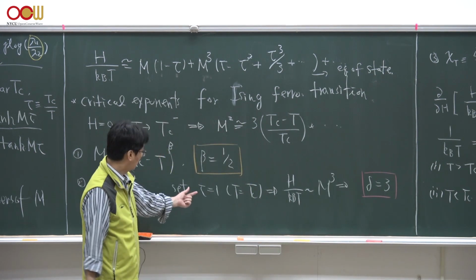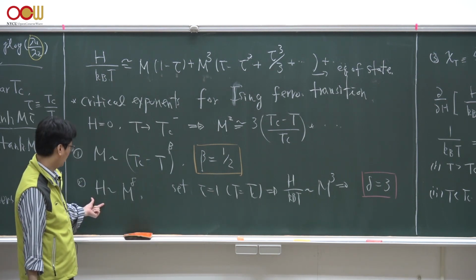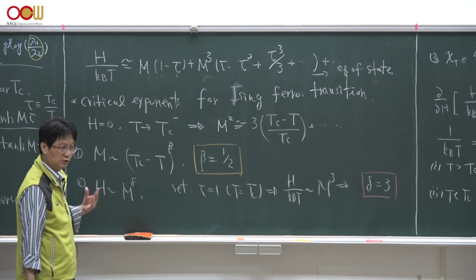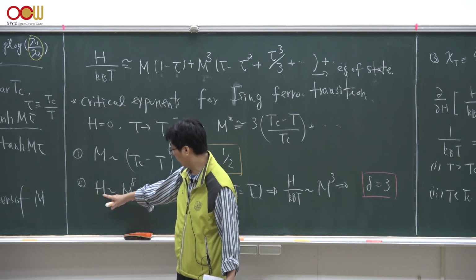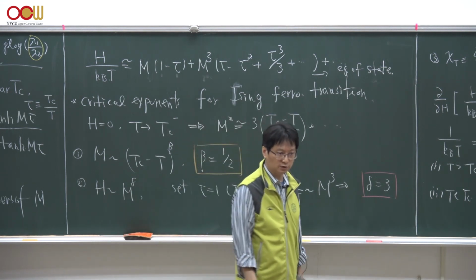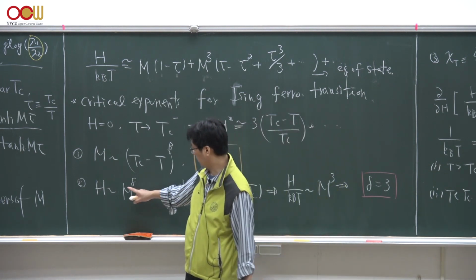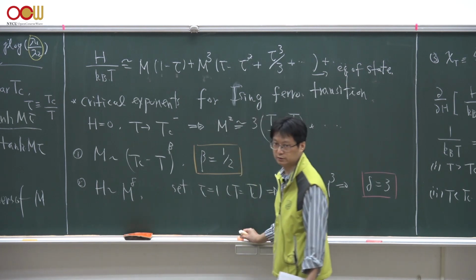Next, when we are exactly at the Tc, but in the presence of a small field, there's another critical exponent called delta, which tells us the spontaneous magnetization near the transition as a function of the external field in a power law fashion, and this power law exponent is called delta, which says that this h is actually proportional to m to the power of delta.